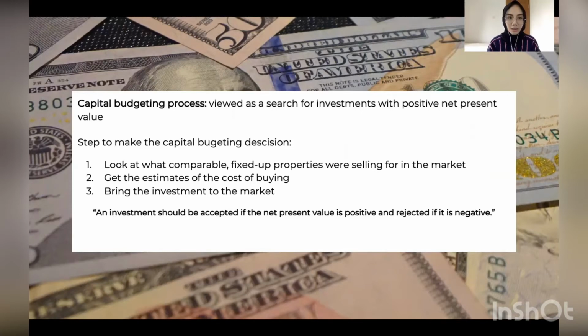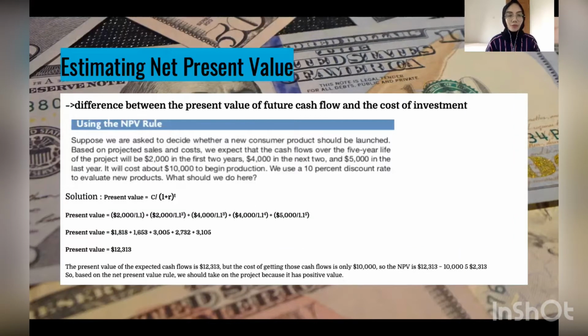The last is to bring the investment to the market. The conclusion of this process is an investment should be accepted if the net present value is positive and rejected if it is negative.